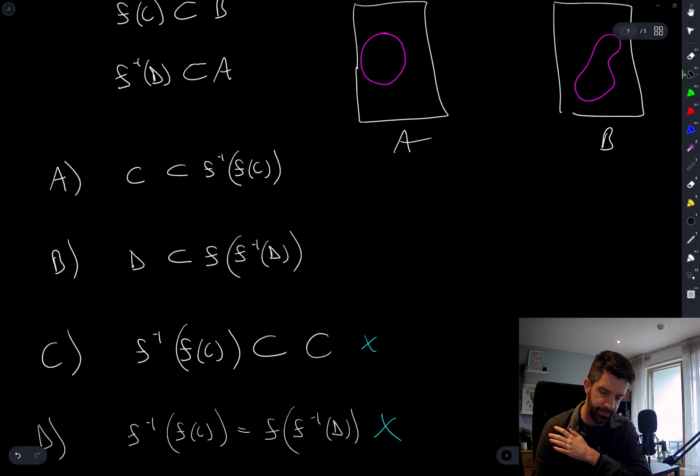I think f of f inverse of D is equal to D.